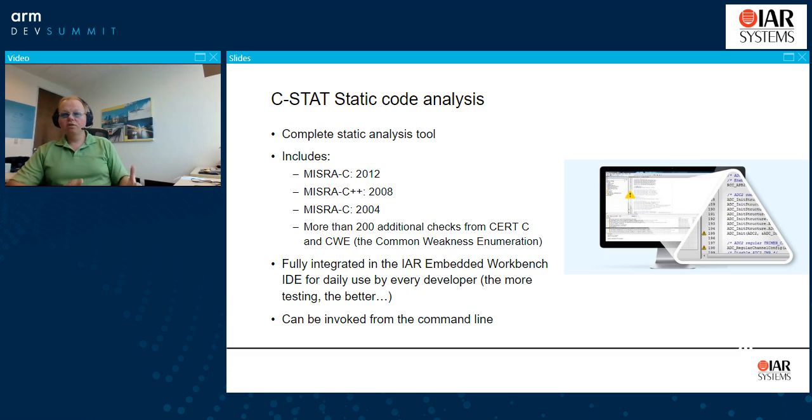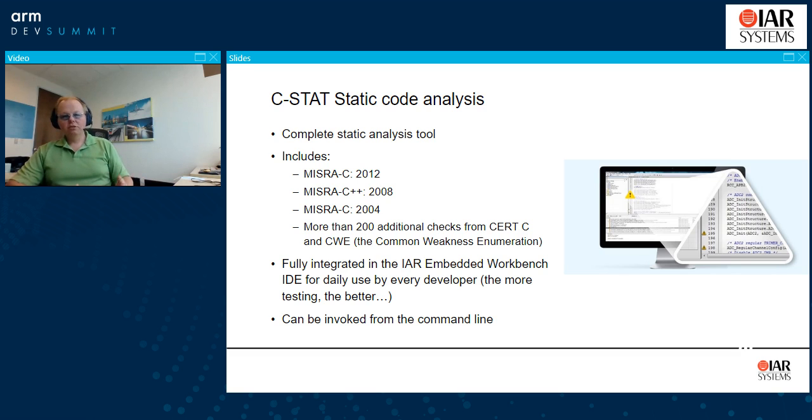Now, this is fully integrated in the Windows-based Embedded Workbench for ARM, but even in the build tools for BXARM, you can still invoke C-STAT and have it do the static analysis, where you can very quickly and easily find out what's going on inside of your code.